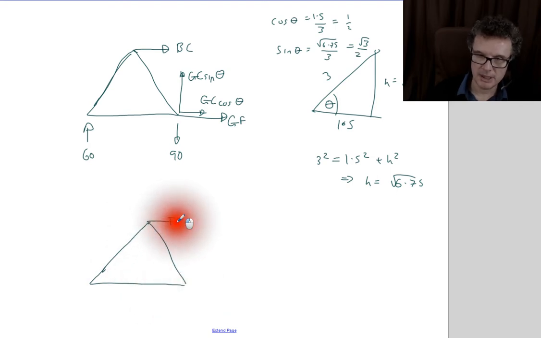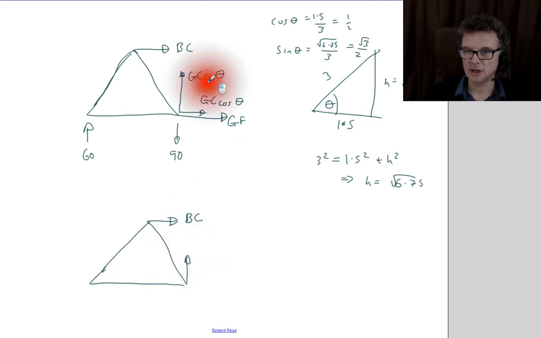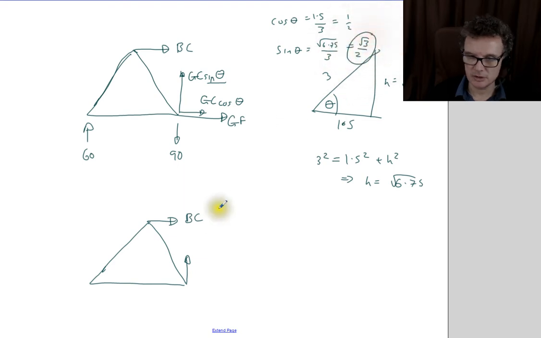So we've got BC going in this direction. We've got GC times sine theta, but sine theta is root 3 over 2, so that's root 3 over 2 GC. And what about this one here going off in that direction?